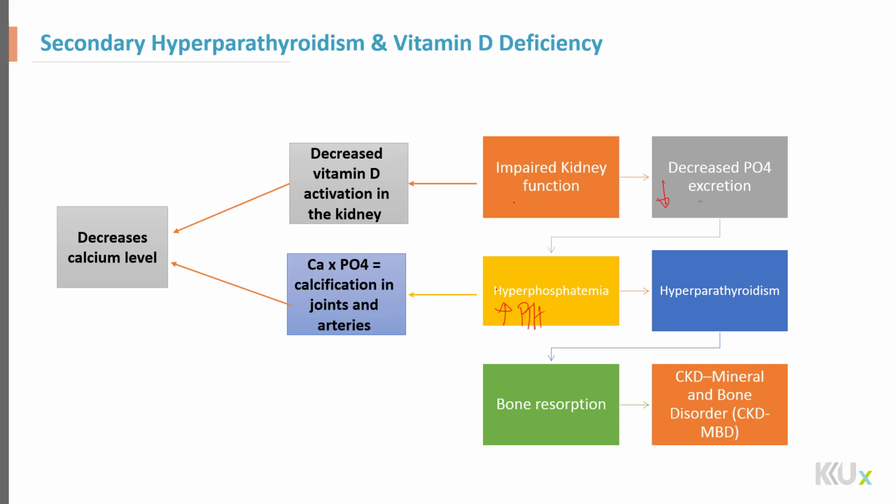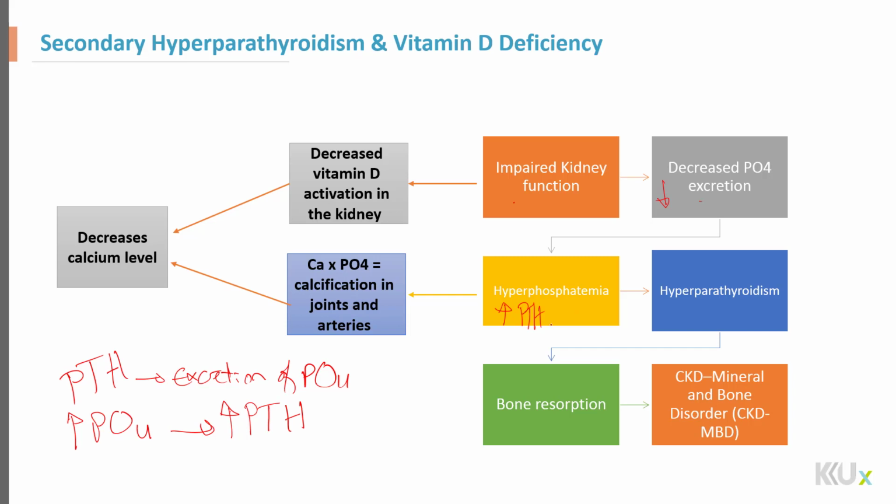Why? Because parathyroid hormone is responsible for excretion of phosphorus. So when phosphorus increases, the body feels that there is high phosphorus, we need to excrete it by the kidney, so the parathyroid gland secretes parathyroid hormone.